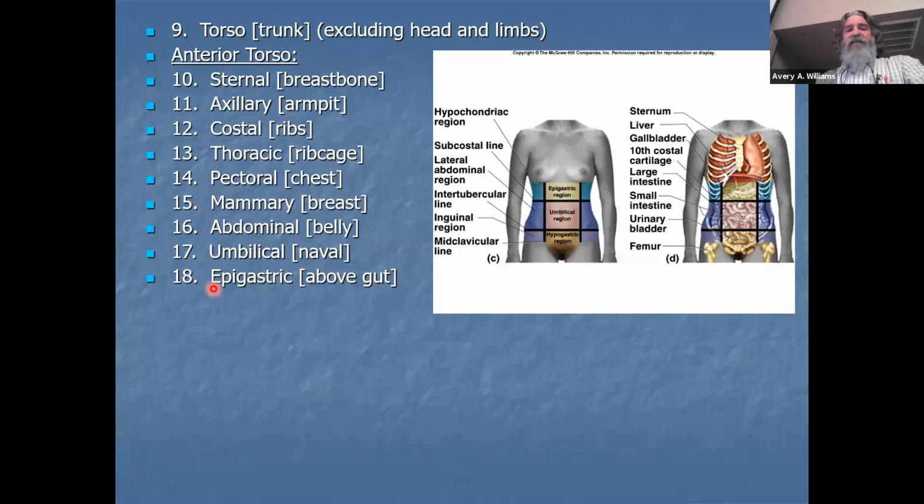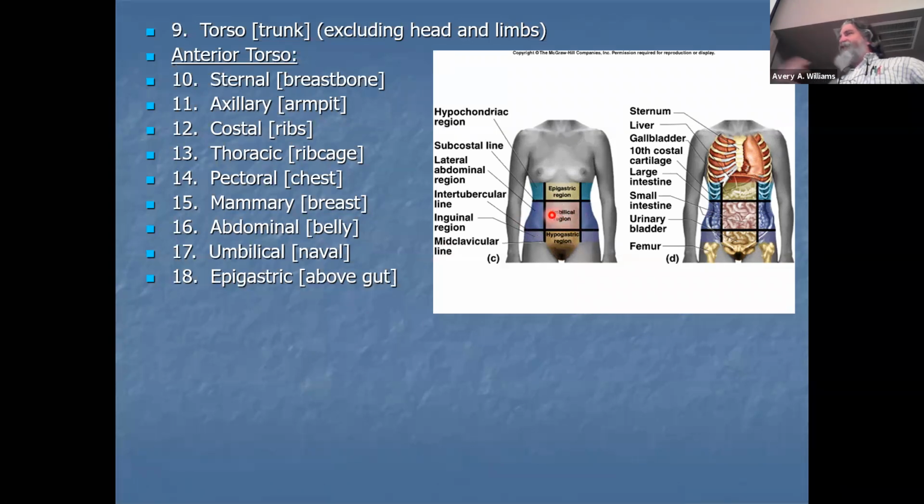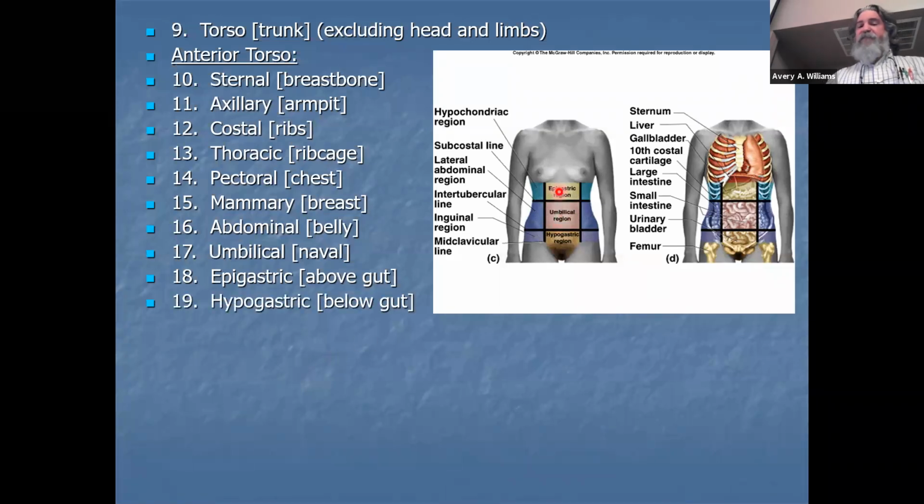If you look at epi, means above, gastric means gut, and gut, you would just assume the center of the abdomen or your umbilical region, okay? And then just the opposite of that, hypogastric, below the gut. Again, if you consider the center of your belly, the gut, your umbilical region, so below that.